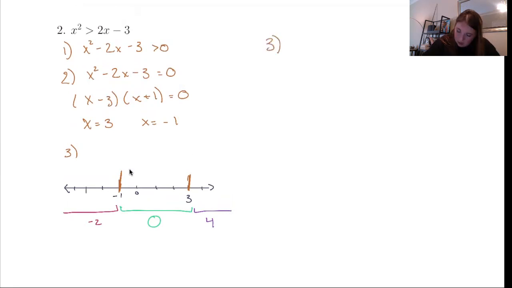Step 3 continued. Let's plug in -2. So x equals -2 will give me -2 squared minus 2 times -2 minus 3, which will equal 4 plus 4 minus 3, which will give me 5, which is greater than 0. Do we want something greater than 0? Yes. So check mark.